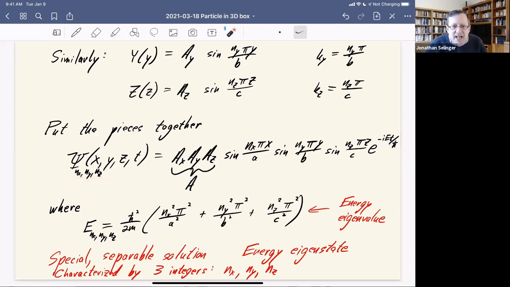Any 3 integers give us a solution, and each of those solutions corresponds to an energy, E sub 17, 11, 36, or whatever I said.